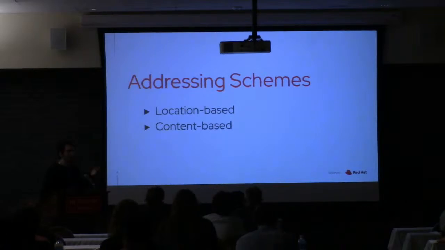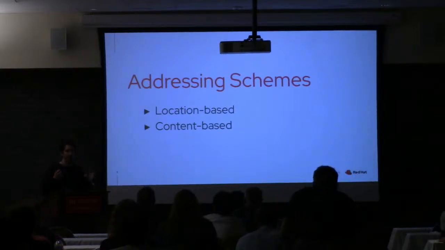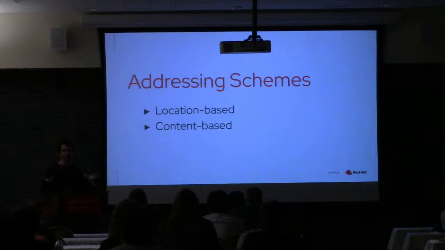When you're content addressing, you are looking for pieces of content that match a given hash digest, usually. Some examples of this are, if you are pulling a container image, there's going to be a hash associated with that, and you're saying, I want the container image that matches this hash.